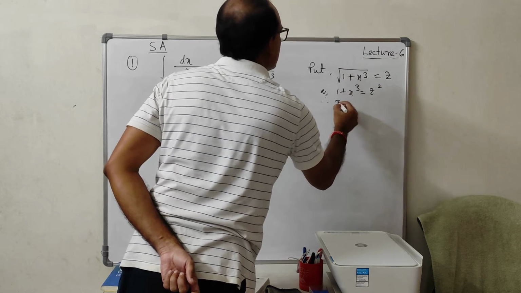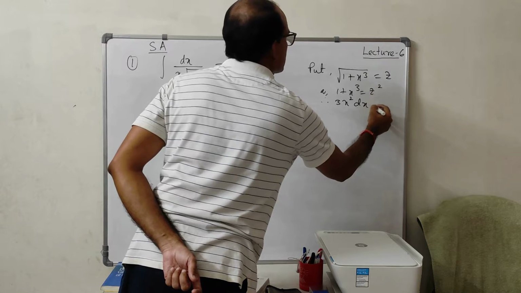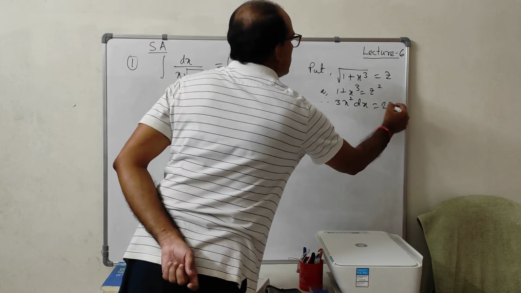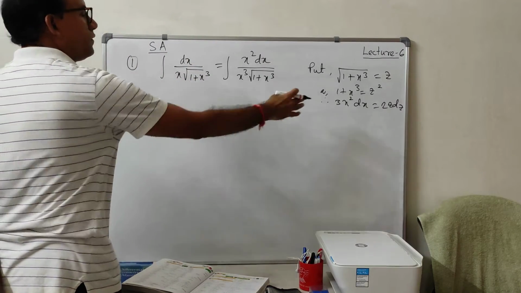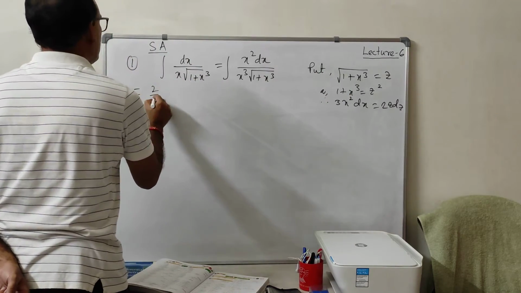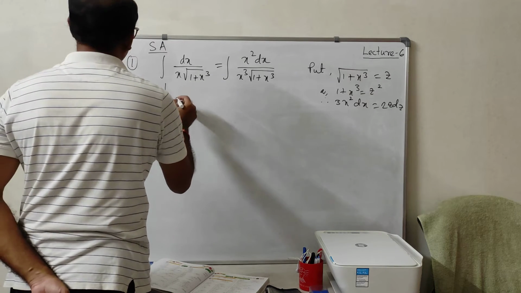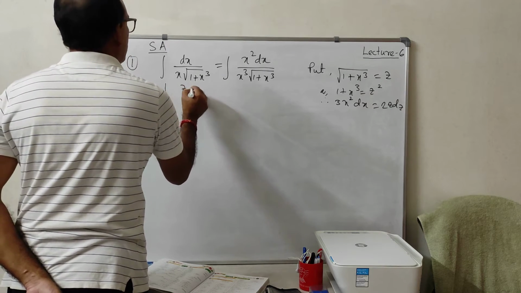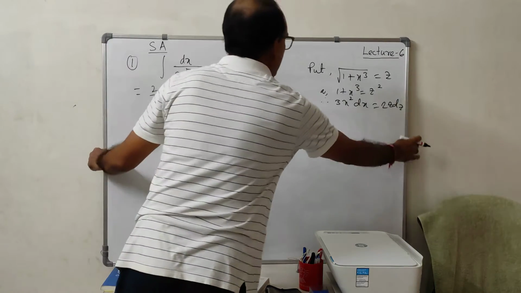Take differentials: 3x square dx equals 2z dz. So x square dx is 2/3 z dz.